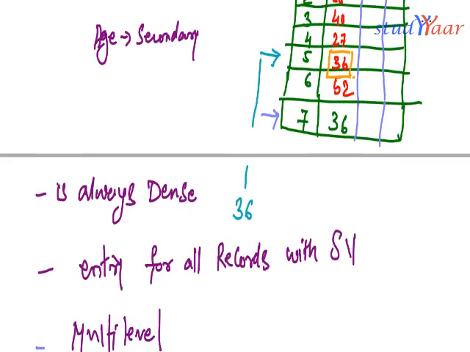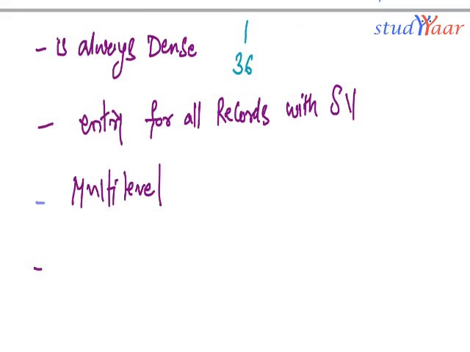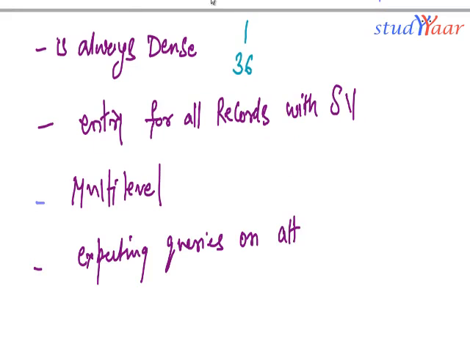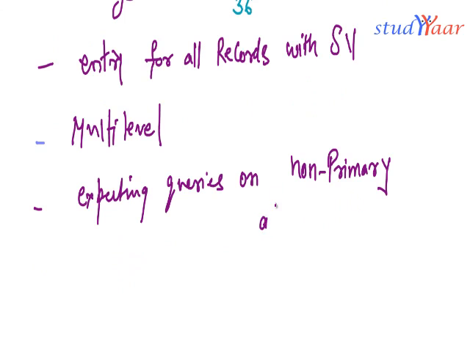We create this because we are expecting queries on non-primary attributes. Okay, this is not primary key, this is primary with respect to the attribute which is used to arrange the records in the files.